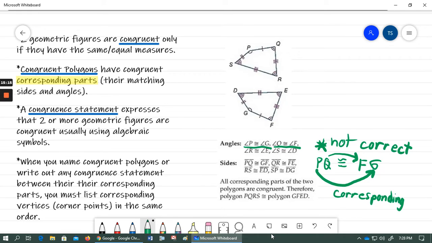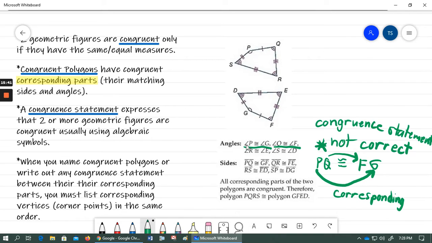So again, that congruent statement is not correct because they don't have the corresponding vertices, the corresponding angles, in the same order. Just wanted you to see that, okay?